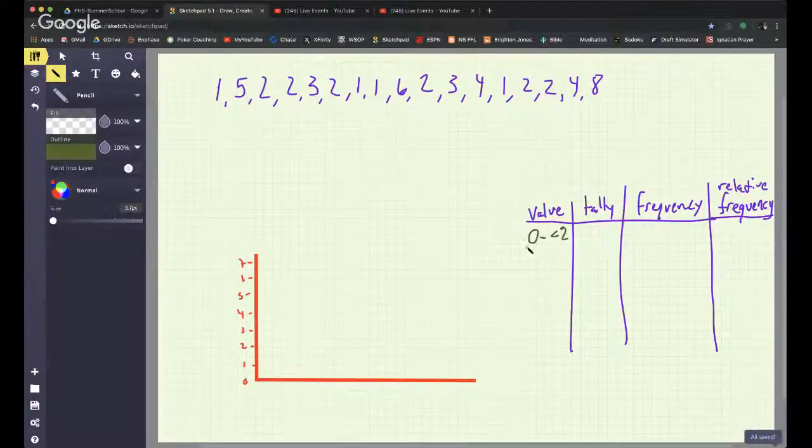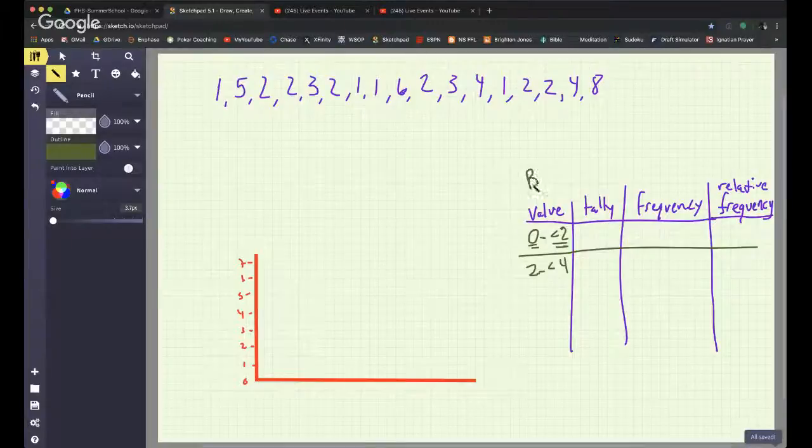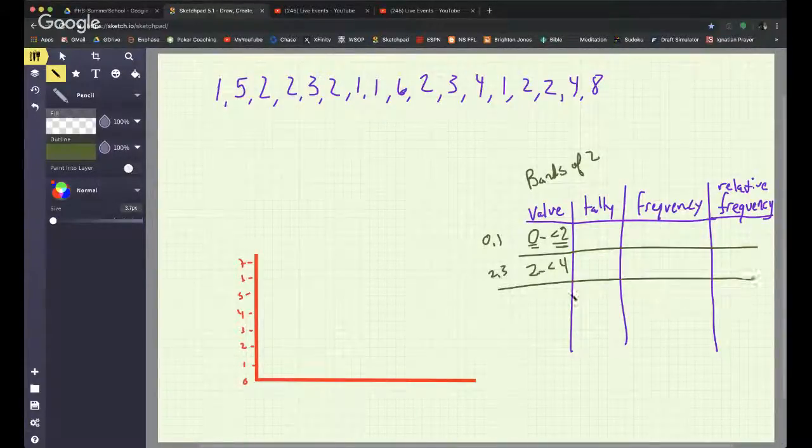Then 2 through all numbers less than 4. We're going to use bands of 2, so this is 0 and 1, and this is 2 and 3. But this is the way we usually write it.